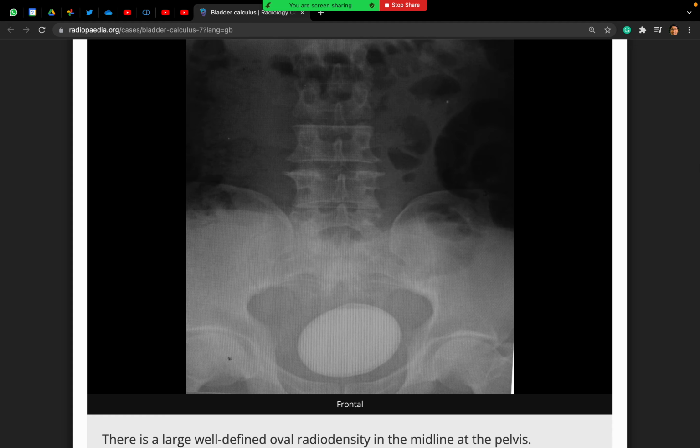And so I'll consider waking this patient up and discussing options of open cystotomy, stone removal, and Millin's prostatectomy at the same time.